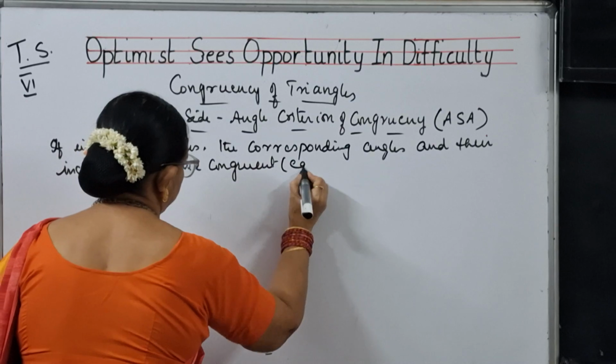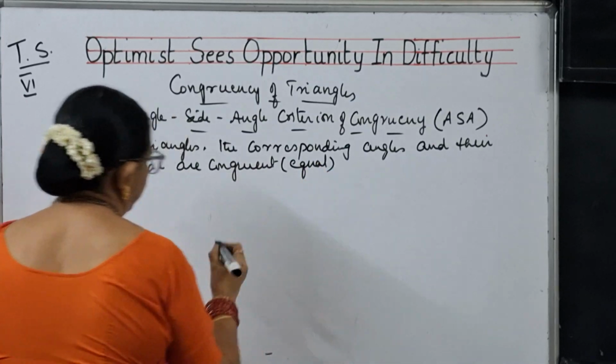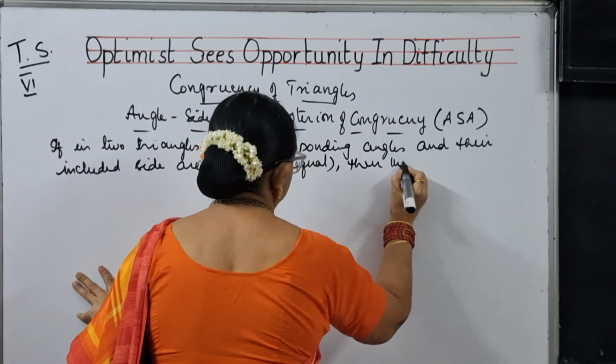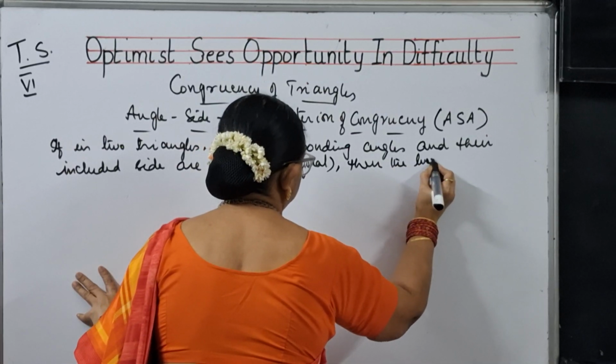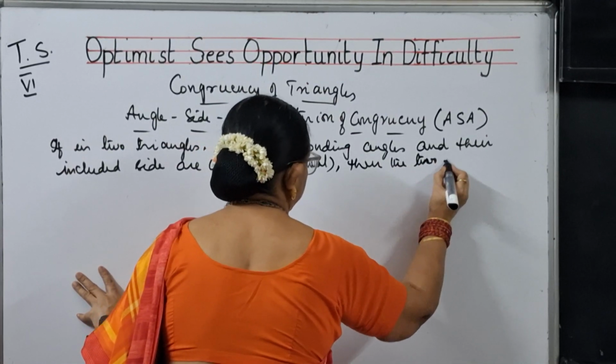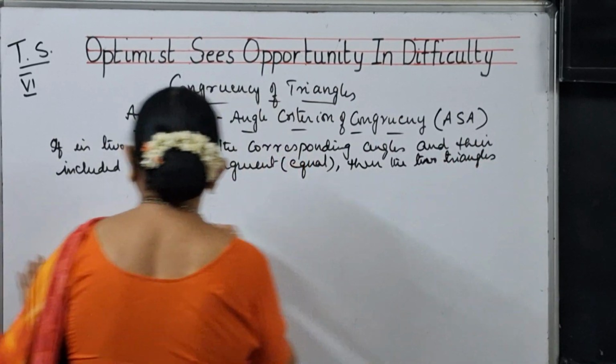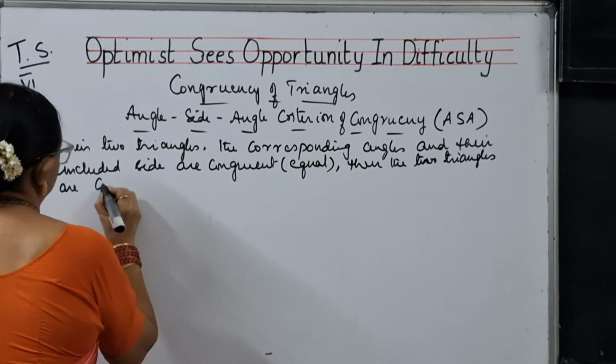Congruent means equal. You have to say it as equal. Then the two triangles are congruent.